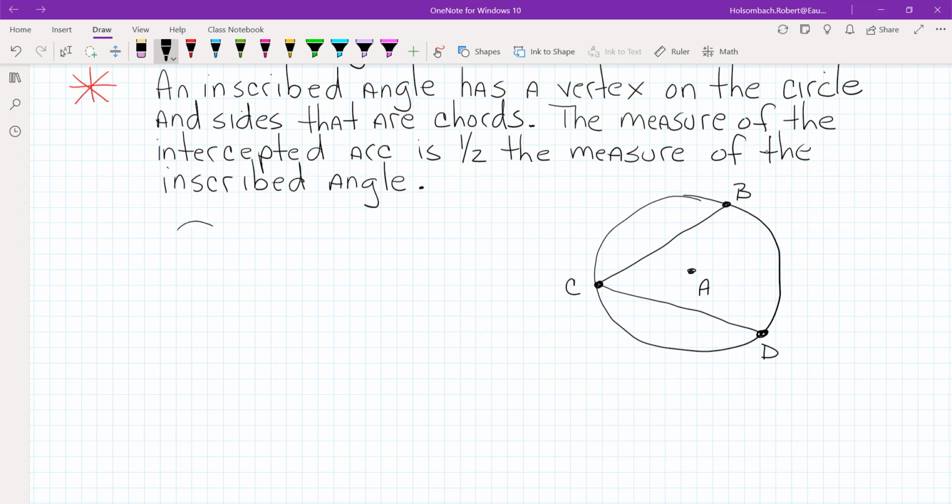We can say arc BD is the intercepted arc. This angle BCD right here, vertex on the circle, forms this arc BD.